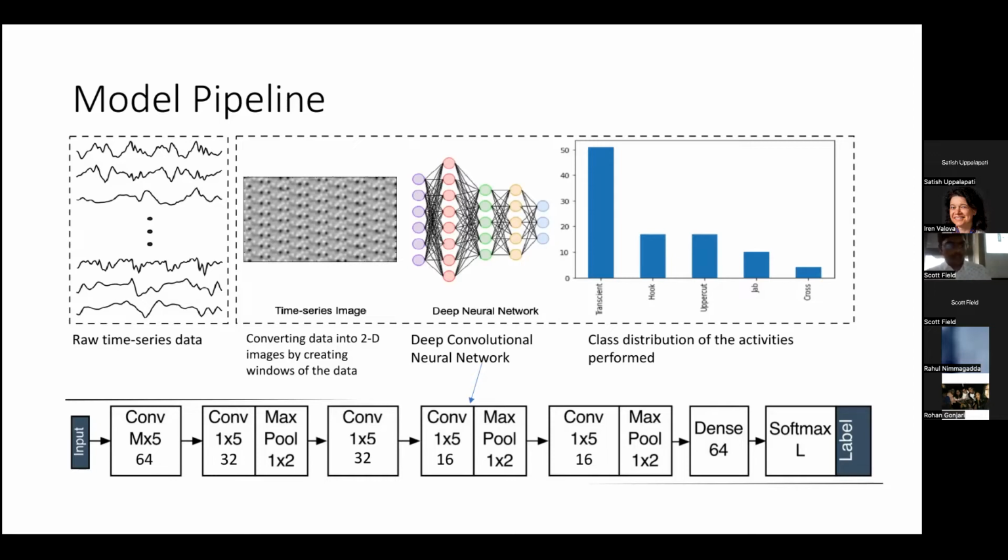Down here is the configuration of the neural network. It has 5 convolutional layers with 3 max pool layers after the second, fourth, and fifth convolutional layers, and then a fully connected 64 node dense layer and the output softmax layer.